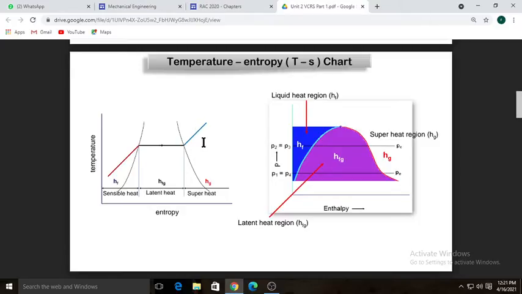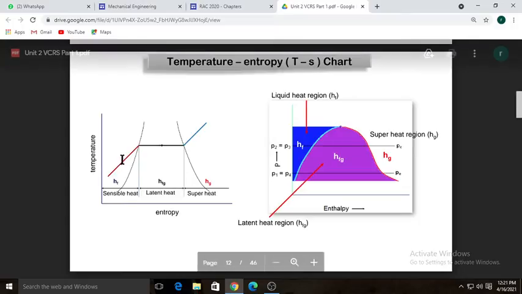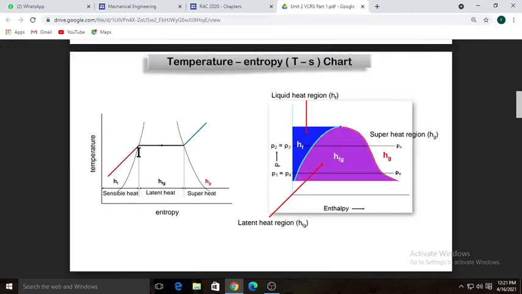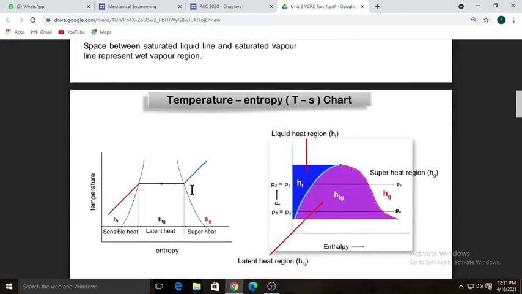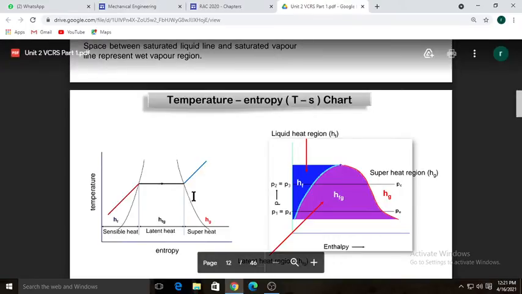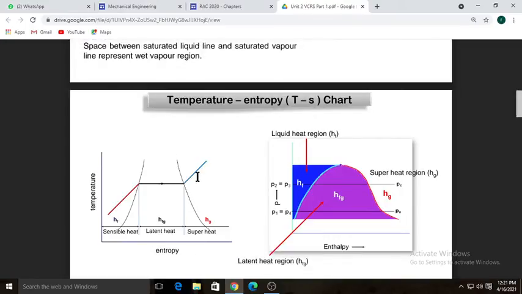You can see here. Okay, so this is the point which is saturated liquid, and this is the point which is saturated vapor. So here, if the vapor at this very adjacent point, if we reduce its temperature slightly, then this vapor can be condensed into the liquid.